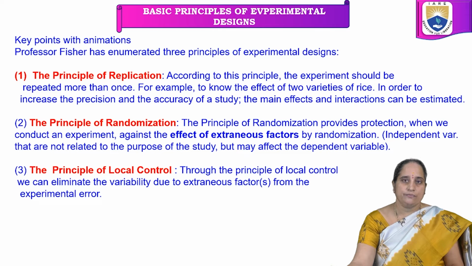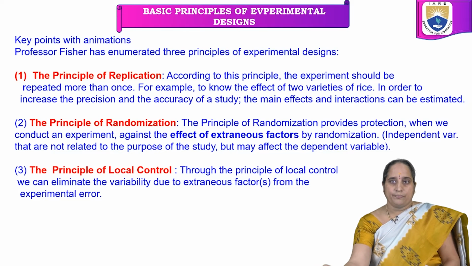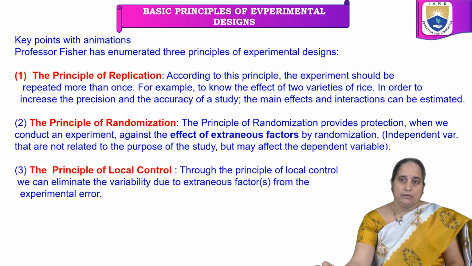In randomization, we divide the land into various small parts, and each part is known as a block. Different blocks are chosen for the study, and they test the soil fertility by giving inputs like two varieties of rice.